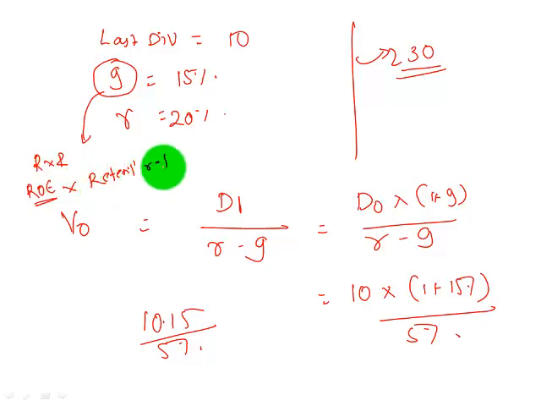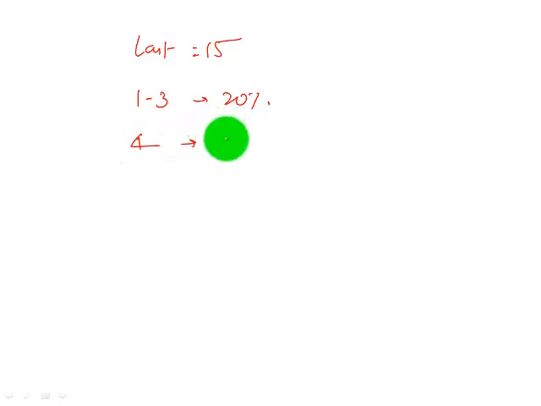Okay. Let's do a two-stage model here. Last dividend 15. For the first 3 years, growth rate is 20%. Fourth year onward, it is going to be 6%. Cost of equity 9%.